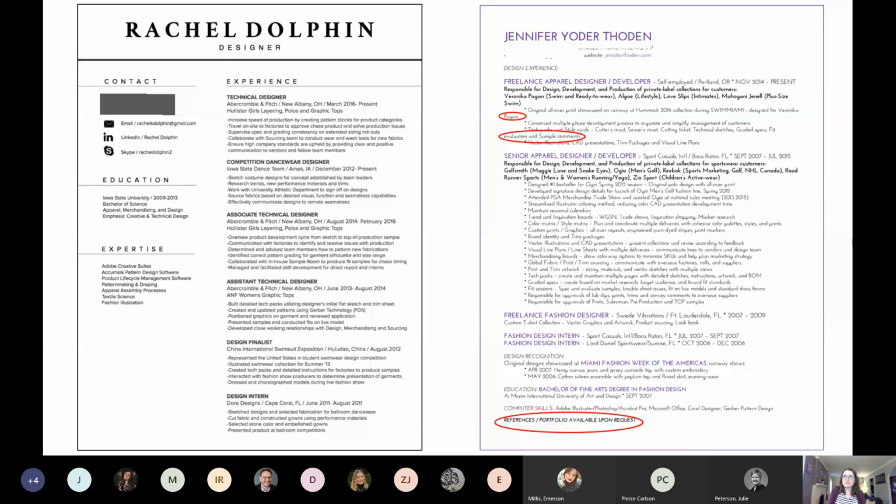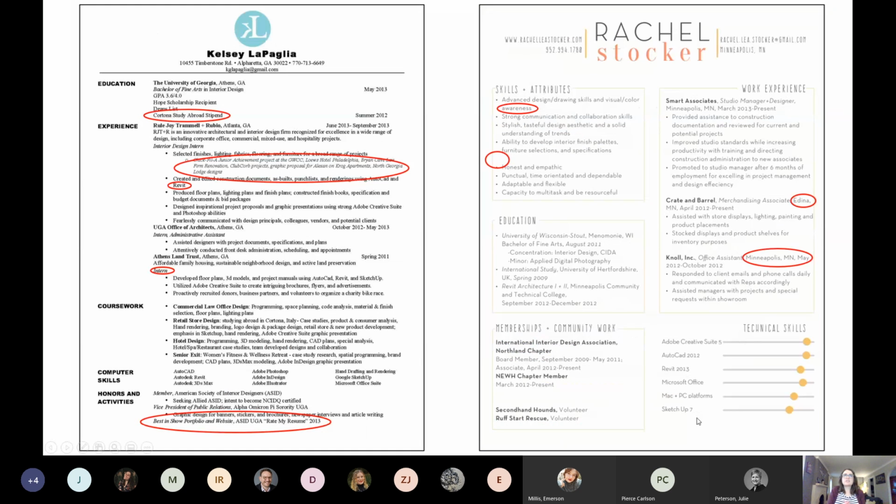Okay. Let's see. A couple other examples in terms of formatting. This Kelsey's over here, she's trying to include a lot. There's a lot here. I think it needs a little bit of room to breathe, for one. Like study abroad stipend. Just tell me you went and studied abroad.